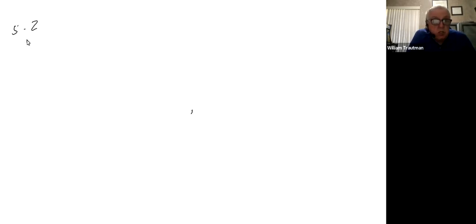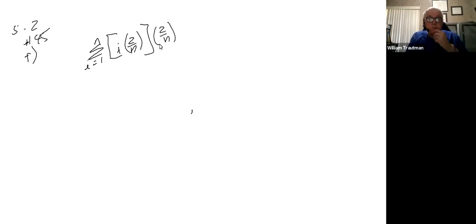5.2, number 45, F. And we're going to use the function that they have in D, the summation of i equals 1 to n, i times 2 over n, with a bracket around this, and then 2 over n.